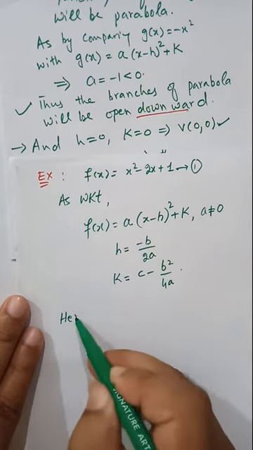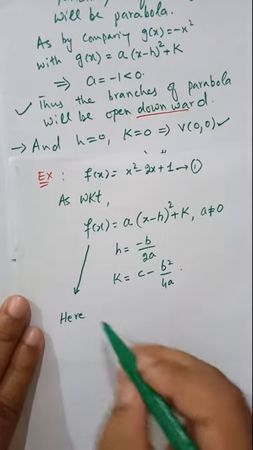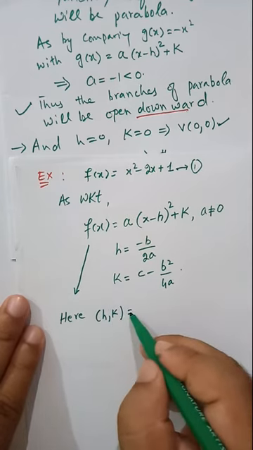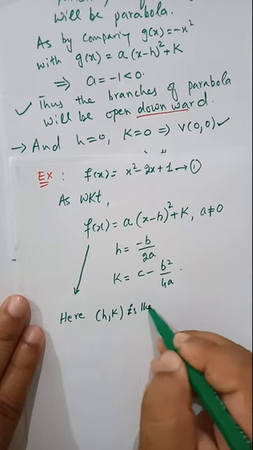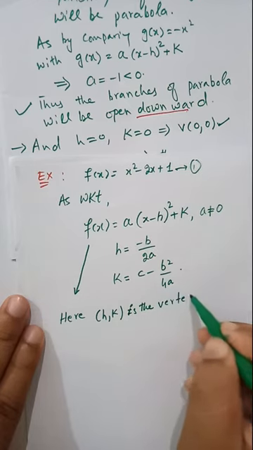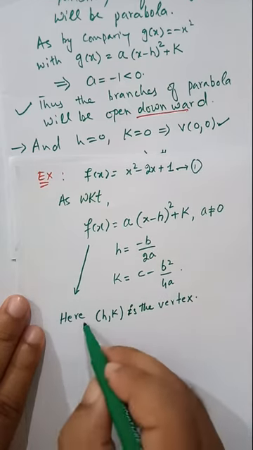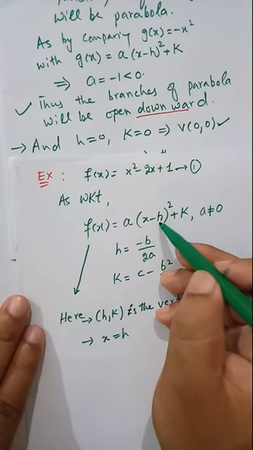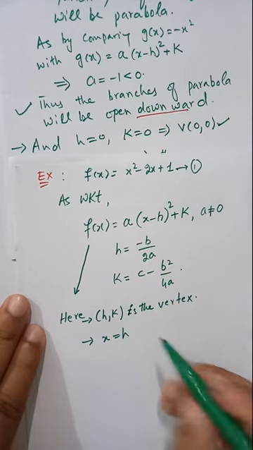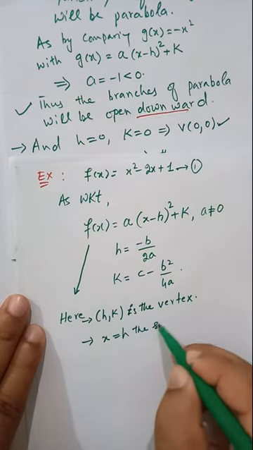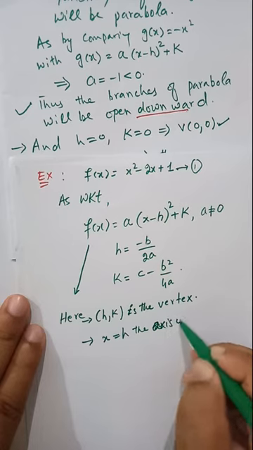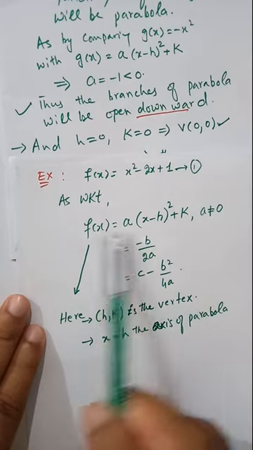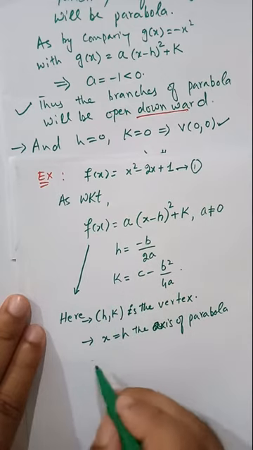Here h, k is the vertex, and x is equal to h is the axis of parabola. This is the standard form.